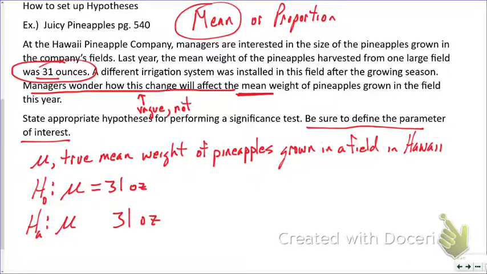Not less, not greater, so not equals is implied, or different. So that means HA is mu is not equal to 31. And that's it. That becomes our state step for a hypothesis test.